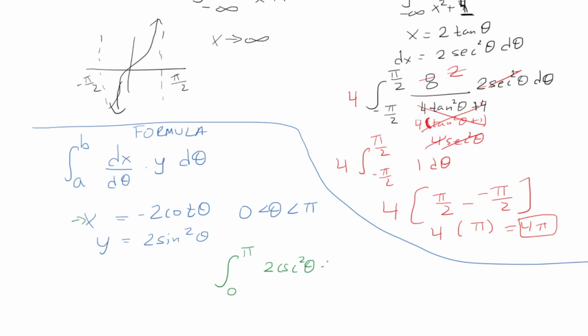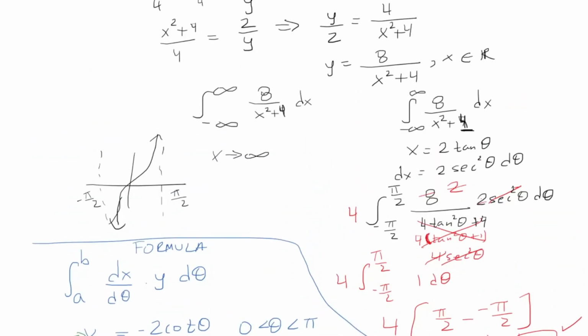And then we have to multiply that by y to get 2 sine squared. Ooh, now cosecant squared and sine squared will cancel. We're just going to get 1. Now we have the integral from 0 to pi of 4 d theta, and that's just going to be 4 times pi. Notice we get the same exact answer, but look how much work we showed versus how much work we showed for the first approach.